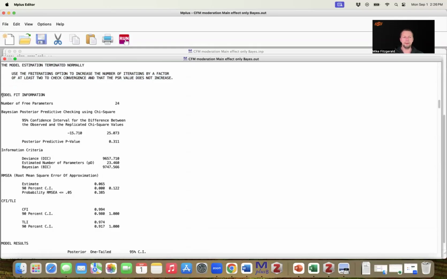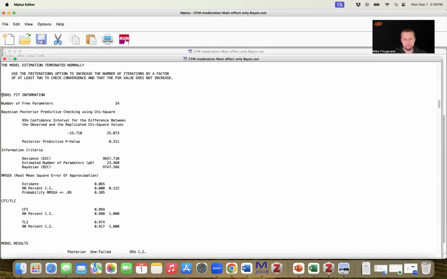So model data fit in Bayesian, they have their own way of evaluating model data fit that is different than the traditional frequentist way of doing so in structural equation modeling. But there's actually becoming a melding of the minds, and some recent research within the last 4 or 5 years.